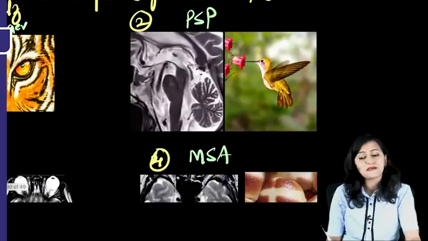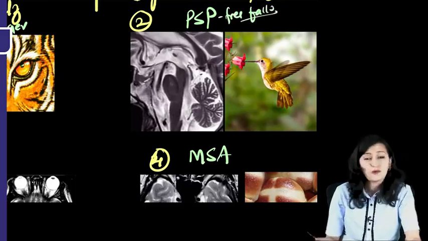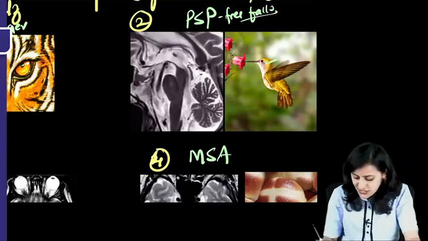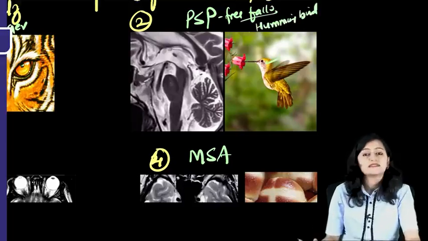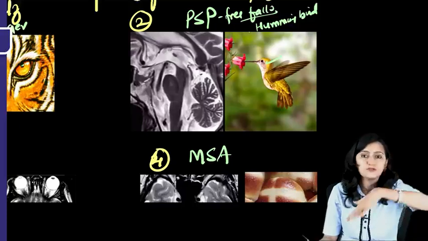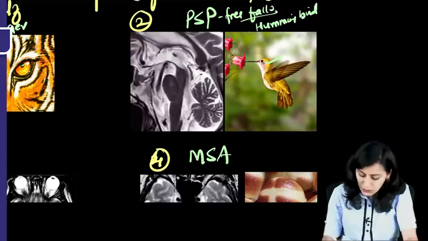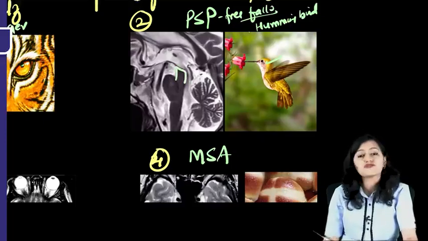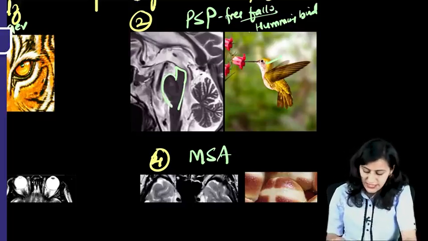Next one, PSP, progressive supranuclear palsy, which has the history of frequent falls, vertical gaze palsy. It shows this bird sign, which is the hummingbird sign. So remember, bird goes supra, upper, the bird flies supra. So supranuclear palsy is hummingbird sign, which is because of this midbrain atrophy in PSP, right? So that gives the hummingbird sign.